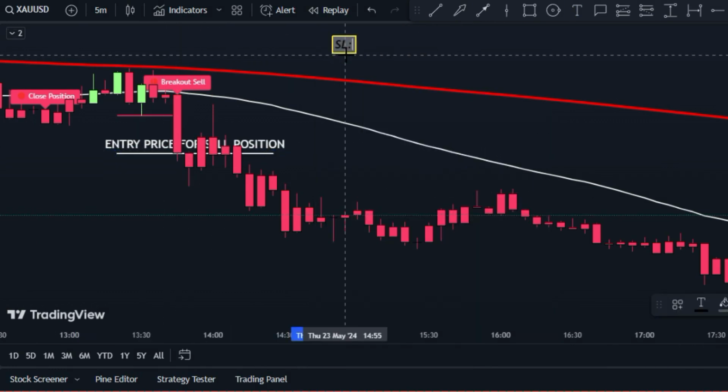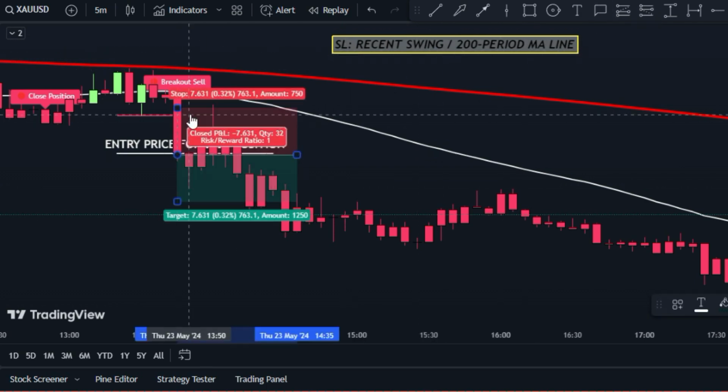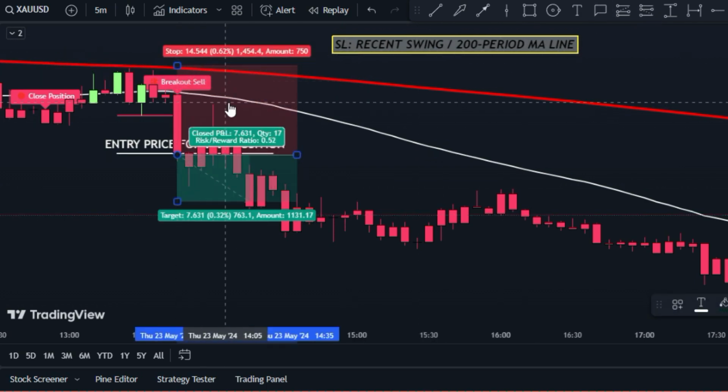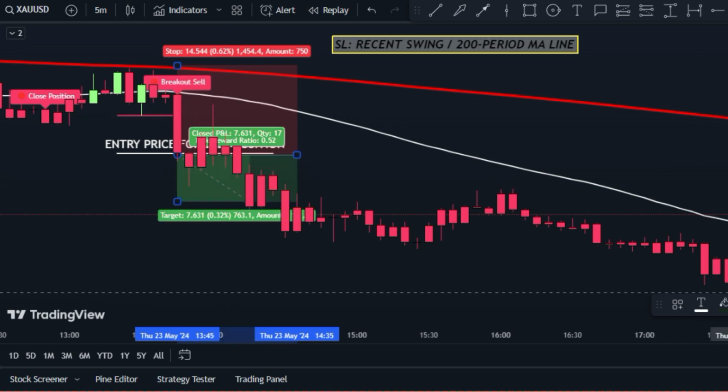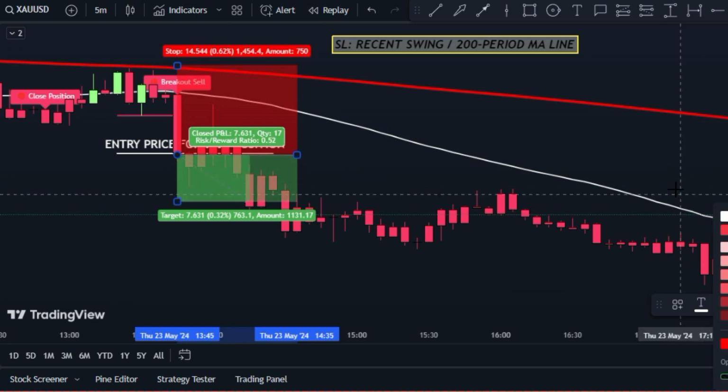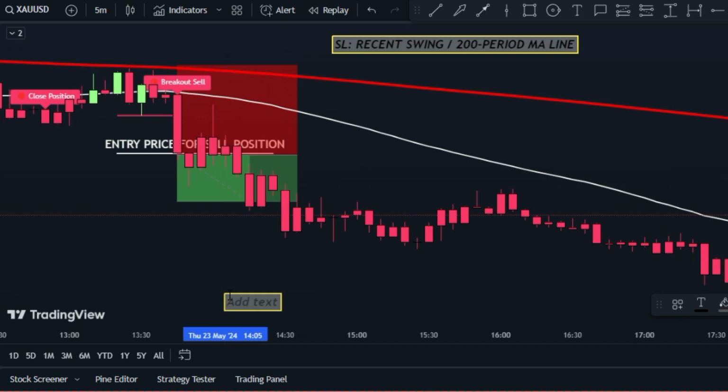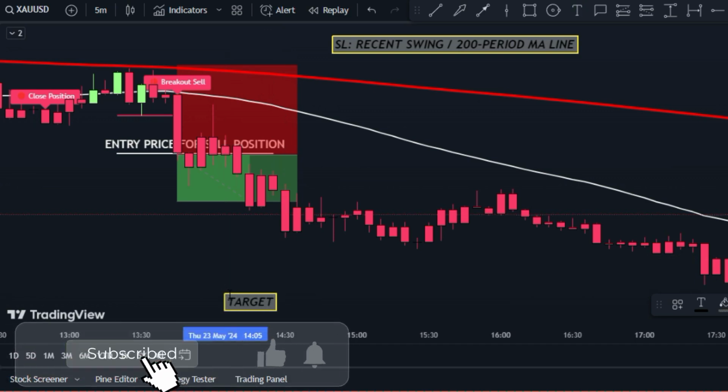Place your stop loss above either the recent swing high or the red 200 MA line, depending on the market situation. Set your take profit target at 1.5 times the distance between your entry price and the stop loss level.